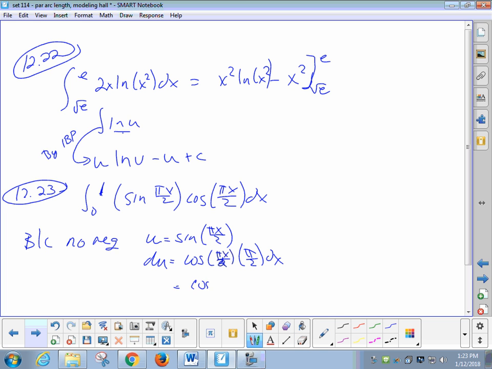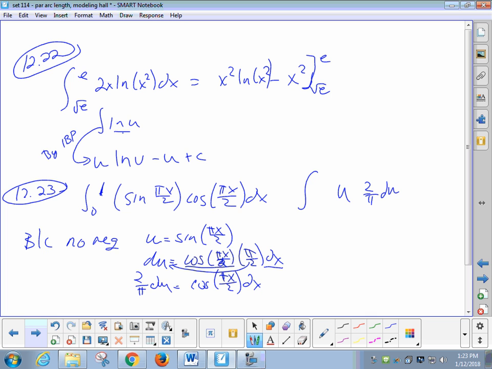So cosine pi x over 2 dx is like 2 over pi du. If I solve for what I actually have, then I need to move that over there. So this then becomes 2 over pi times the integral of u du, and then the limits.